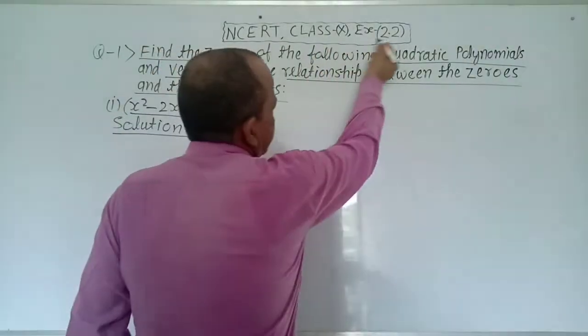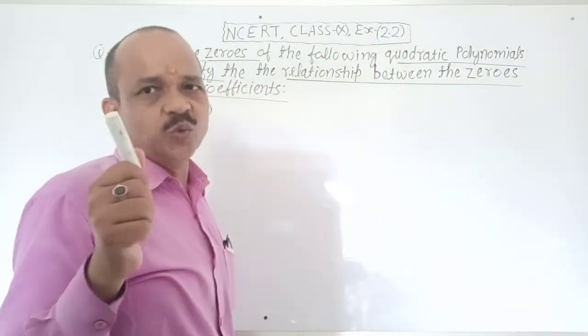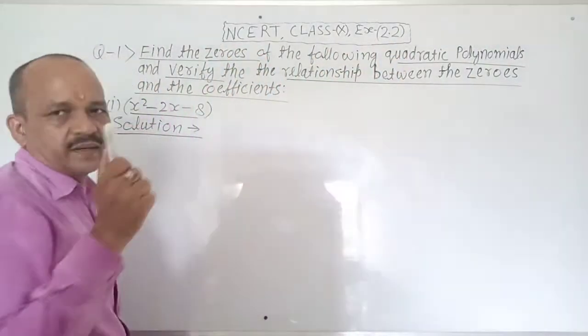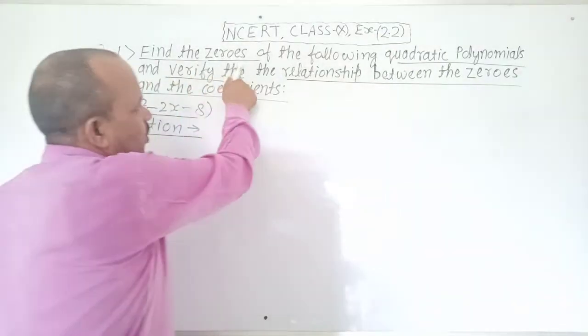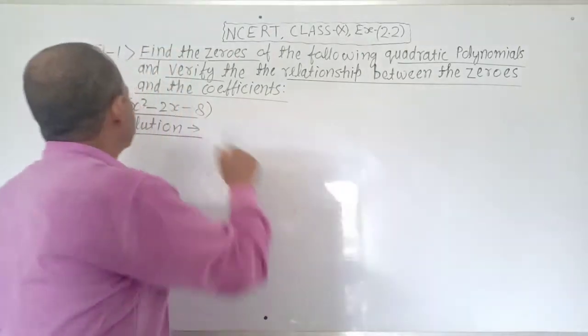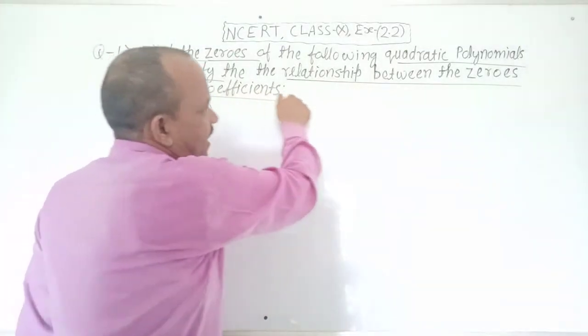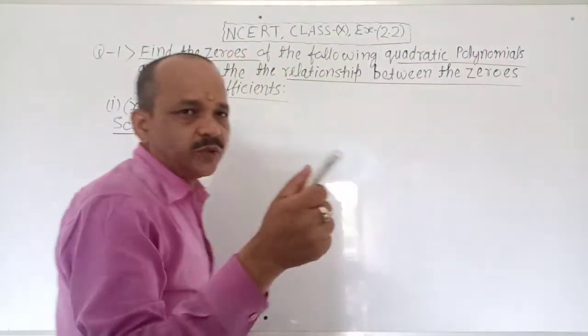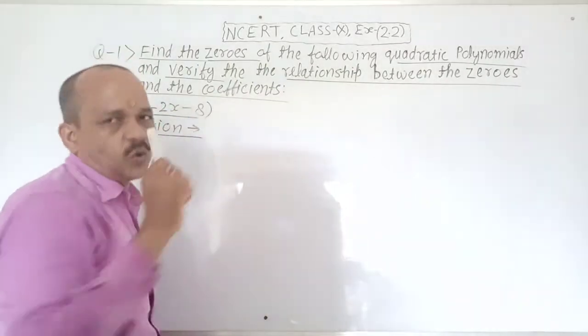NCERT class 10, exercise 2.2, question number 1. Find the zeros of the following quadratic polynomial and verify the relationship between zeros and the coefficients.